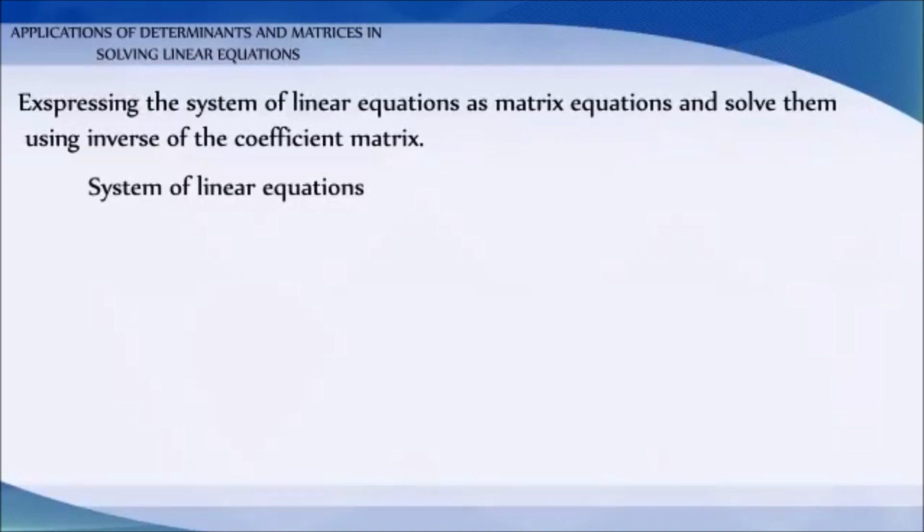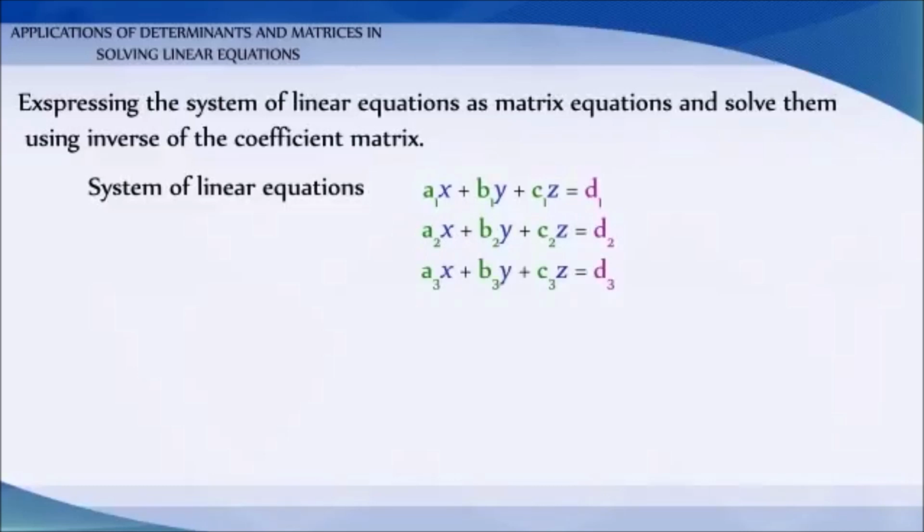Consider the system of equations a1x plus b1y plus c1z is equal to d1, a2x plus b2y plus c2z is equal to d2, a3x plus b3y plus c3z is equal to d3.